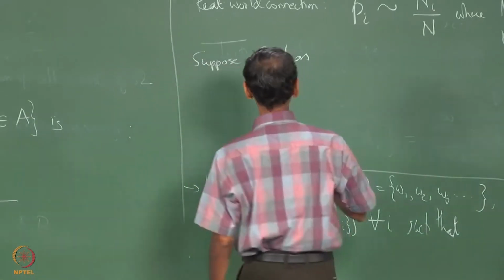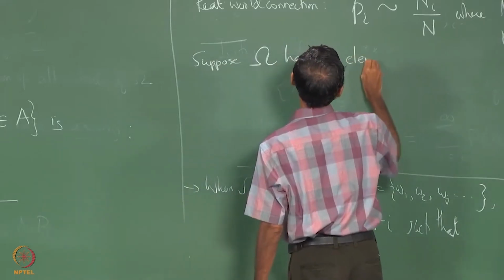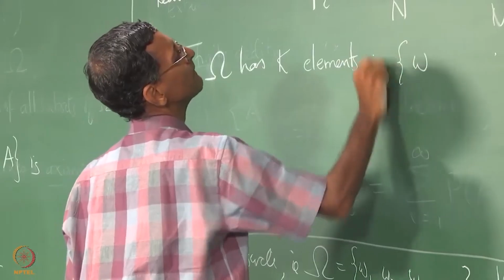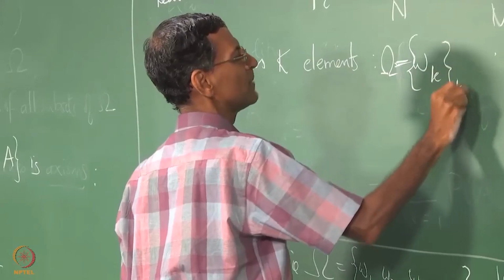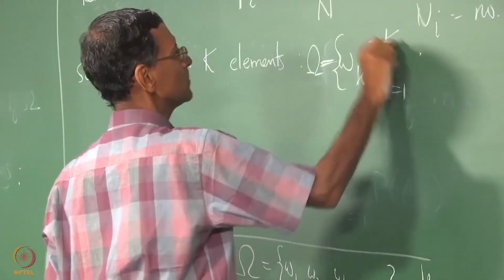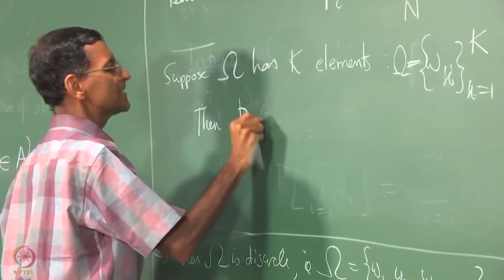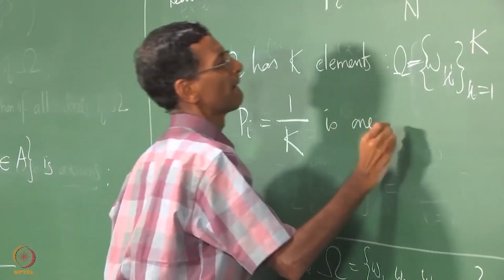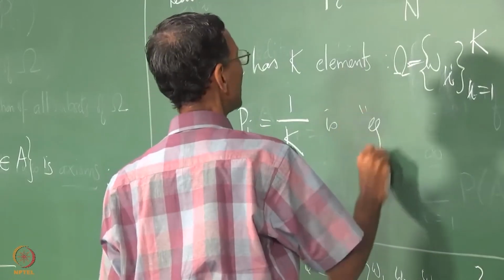Supposing capital omega has, let us say, k elements, omega I, from omega 1 to omega k. This is just one particular, what do we call this? This is the equally likely assignment.